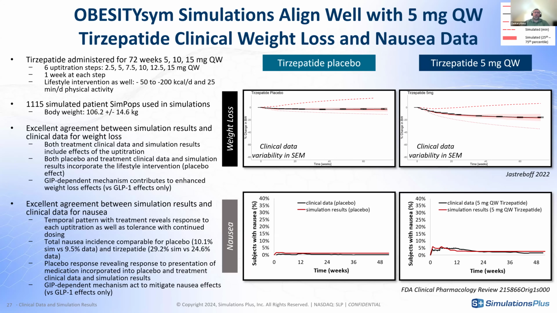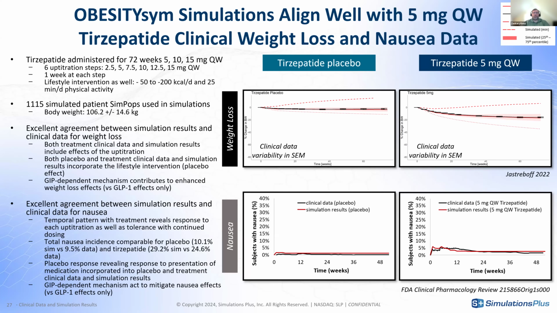So we have the GLP-1 agonist, like the preceding 2 treatments, but we also now have a GIP-dependent mechanism. And so that's contributing to both the enhanced weight loss effects compared to the previous 2 treatments, and also the mechanism acts to mitigate nausea effects.